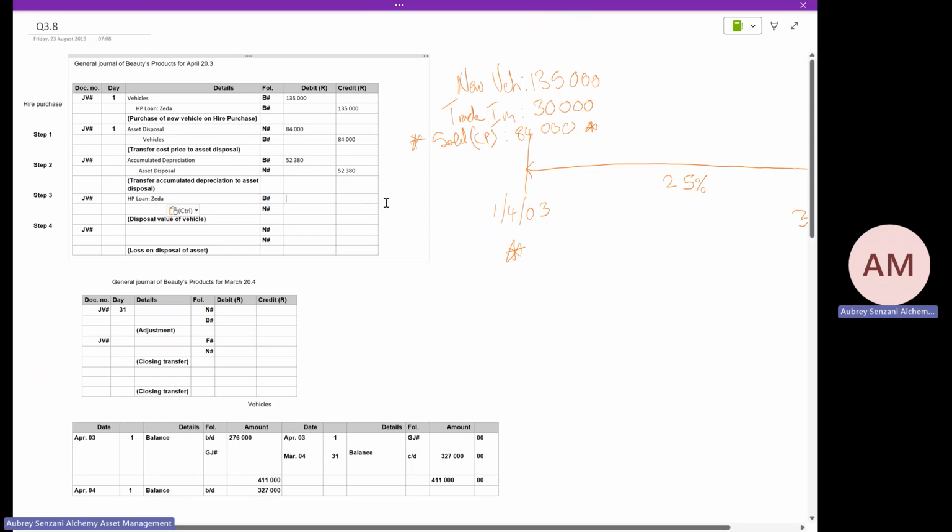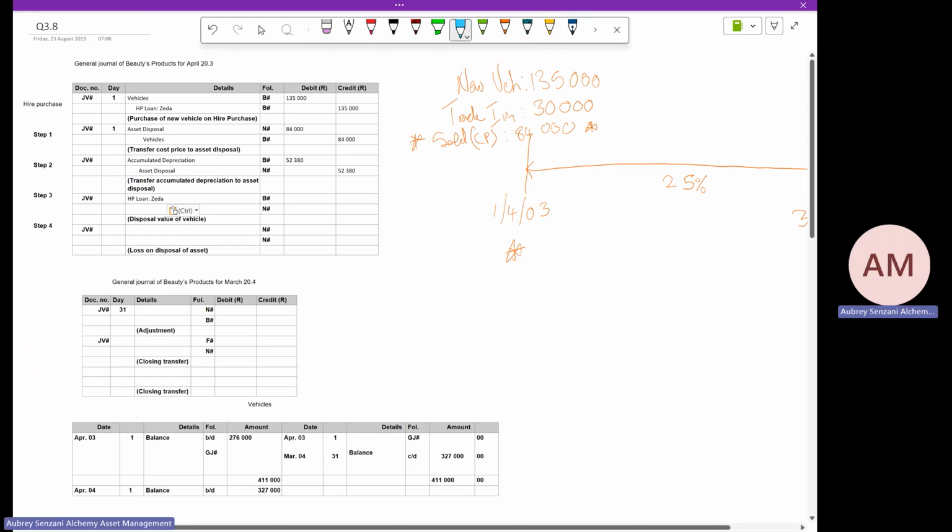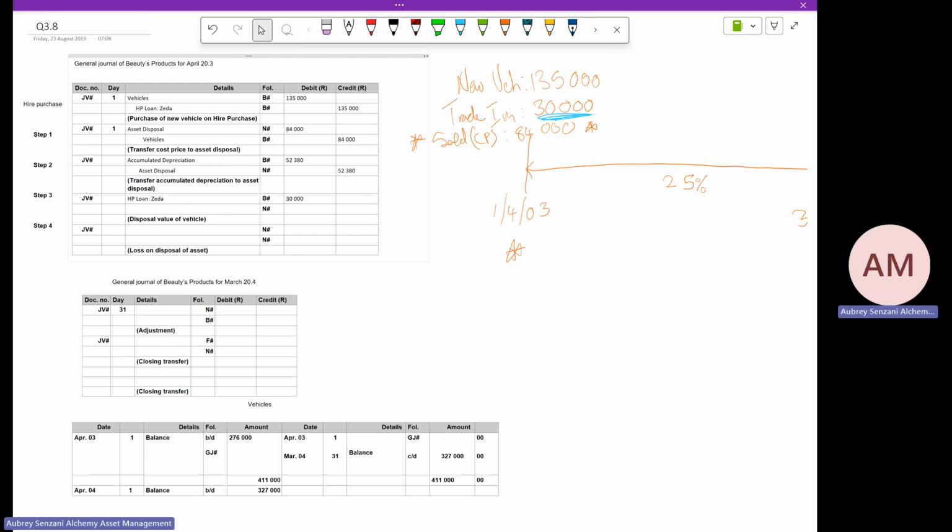They told us that the value of our trade in is 30,000. So we disposed of this asset at 30,000. That was what the market says the value of this vehicle was. So again, we then will credit asset disposal.